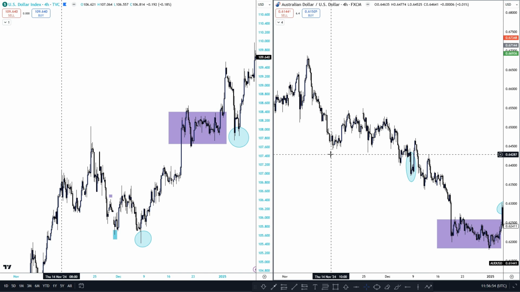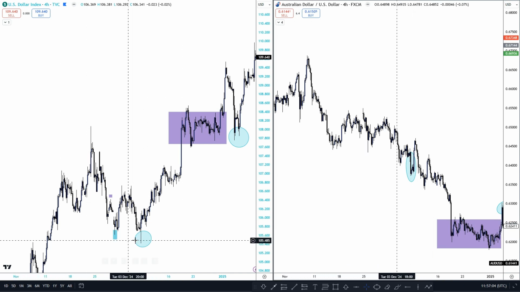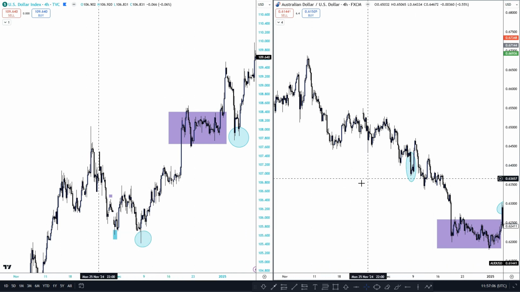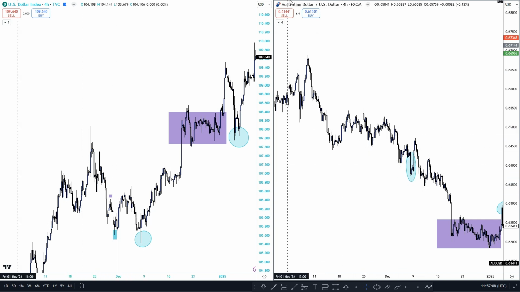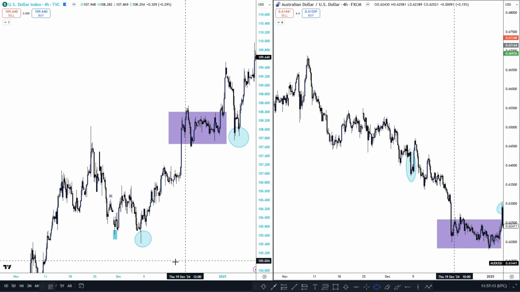Not every time in the market something moves, something else has to. Sometimes the dollar is not going to be in control of moving a certain currency. Let's say the US dollar gained some strength, but there were some fundamentals for the Australian dollar that may impact its ability to move. Okay.